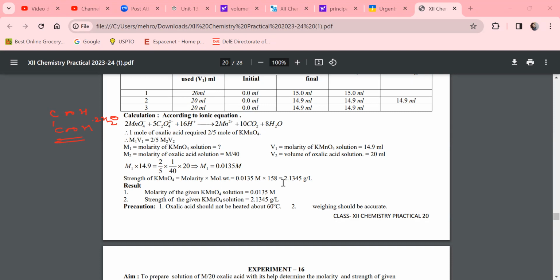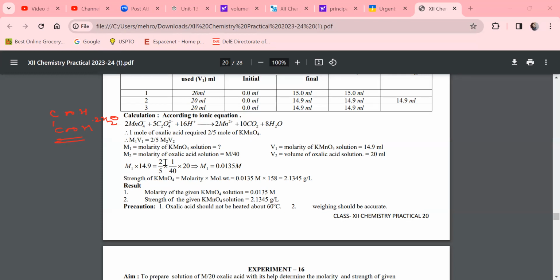Okay, so by the calculation it becomes this. So it is the reading, you can note it down. And by the formula, you can also calculate its molecular weight.